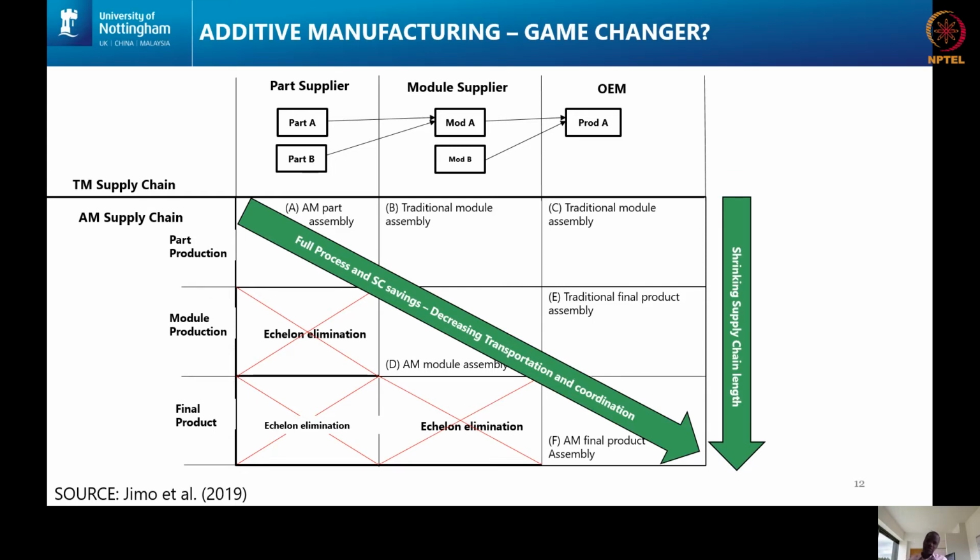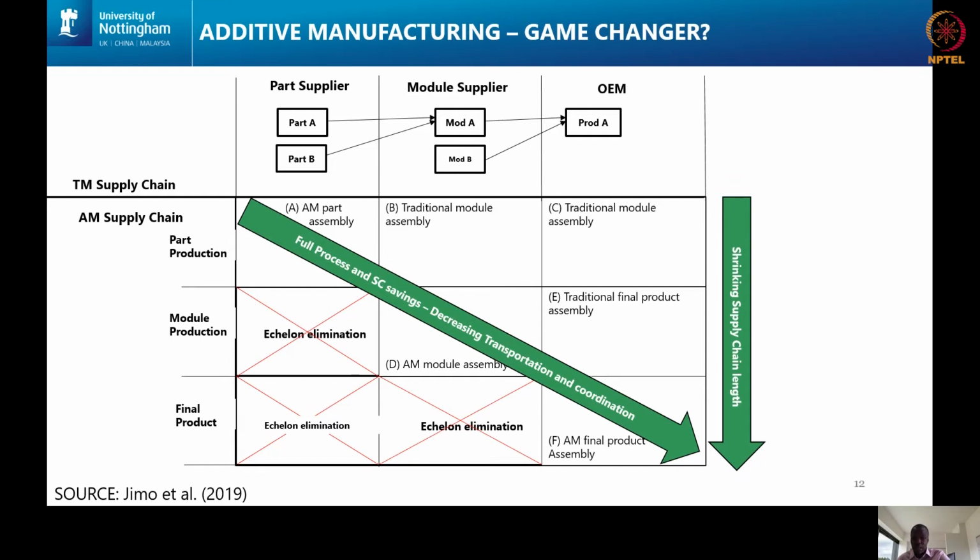We noticed that the scope to compress your supply chain, or the scope for you to localize your manufacturing, actually depends on the level in the product hierarchy at which additive manufacturing is deployed. So whether that is deployed at the part level, the module level, or the final product level, that would determine the scope that you are able to compress your supply chain and enable localization.